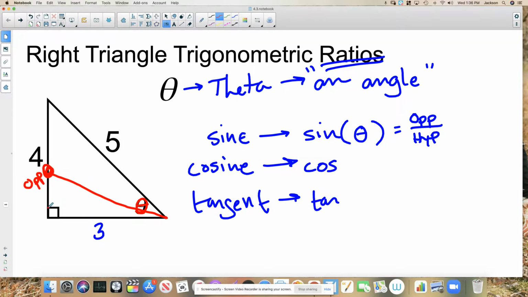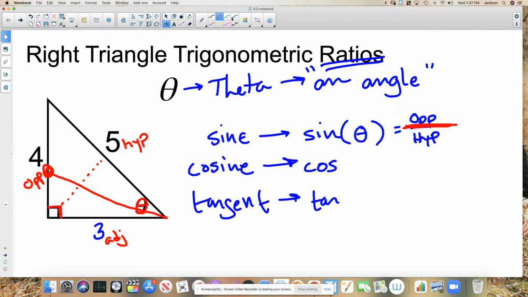The right angle square that we put in the corner is always pointing at the hypotenuse, which means this other side is the adjacent side. This is our adjacent side down here. So we have the opposite side, the adjacent side, and the hypotenuse. The sine of any angle is always the ratio of the opposite side over the hypotenuse.